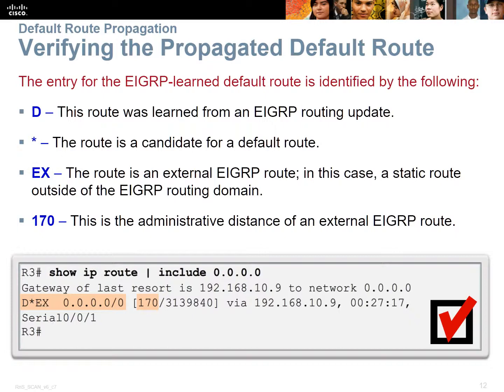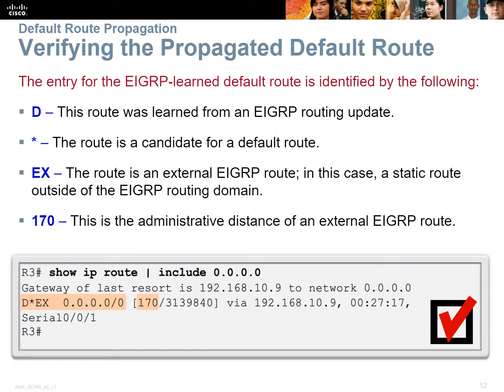So a summary on the router you're on is a 5. Everything else is 90 unless it's been learned from outside the EIGRP process. So redistribution of static or redistribution of any other routing protocols, they're going to come across as 170. The administrative distance of 170.